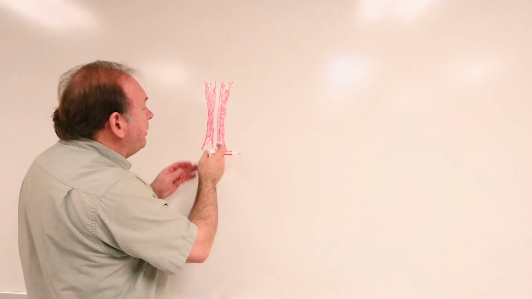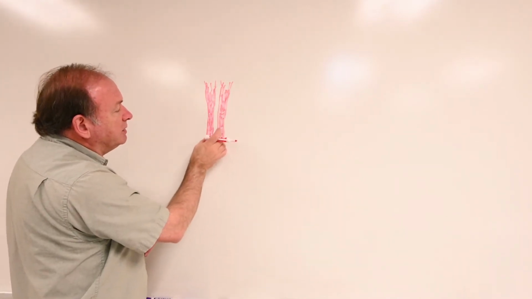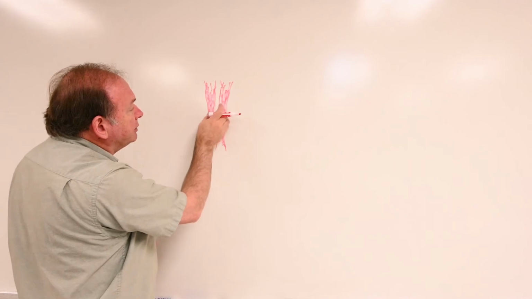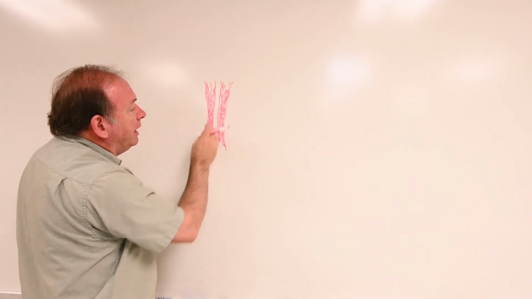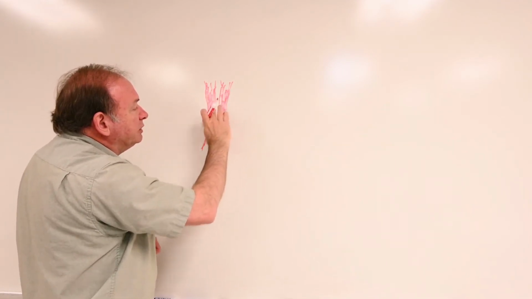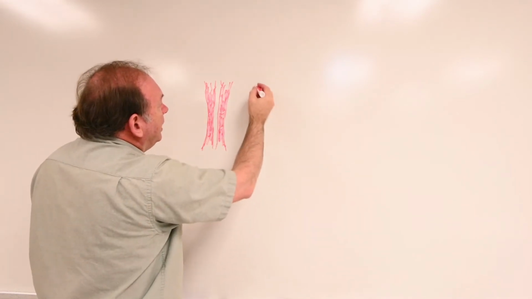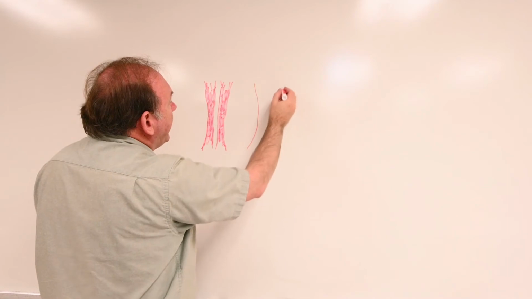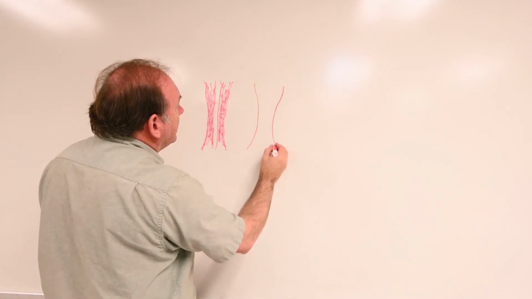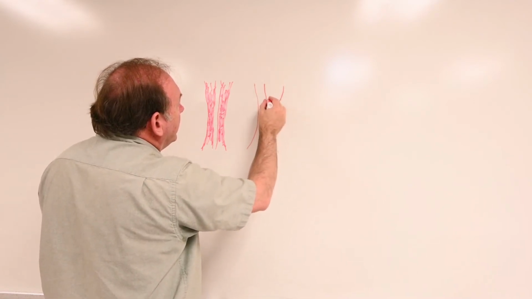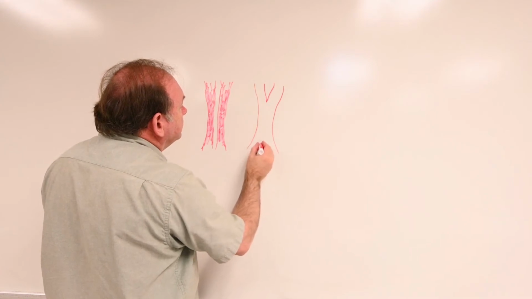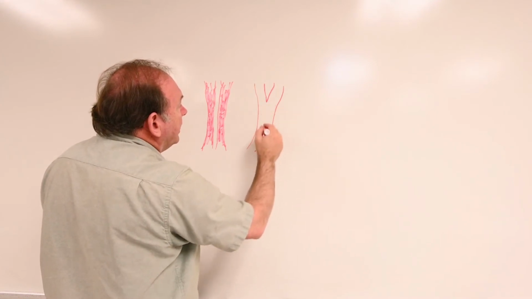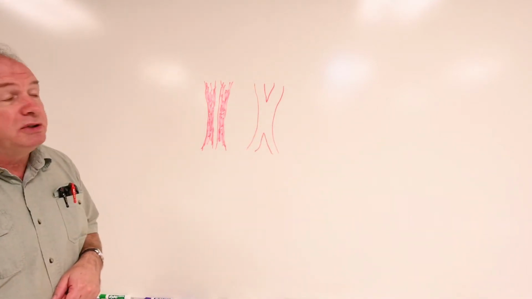The next thing that happens is these two tubular passages that are developing in that splanchnic mesoderm come together and form a common section in the middle here. So it's divided in the front and in the back. But in the middle here, there's one common space.